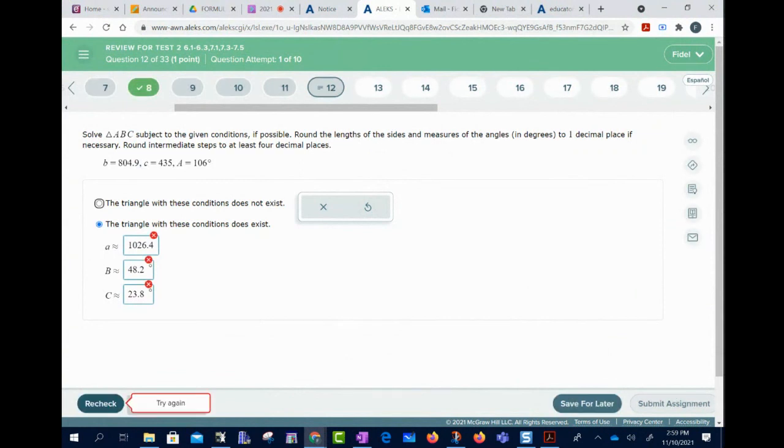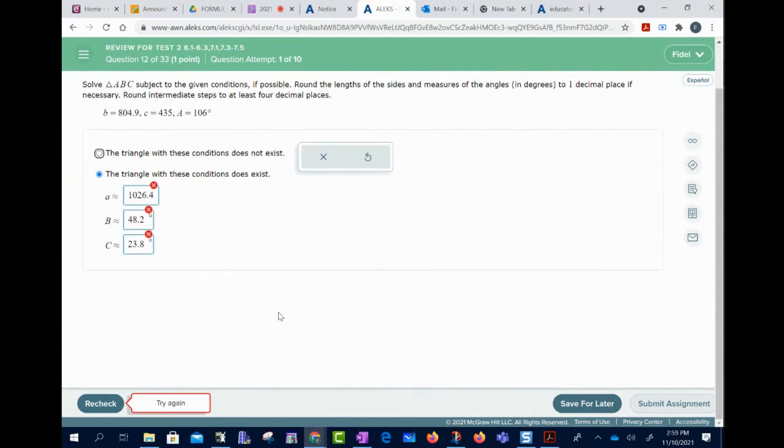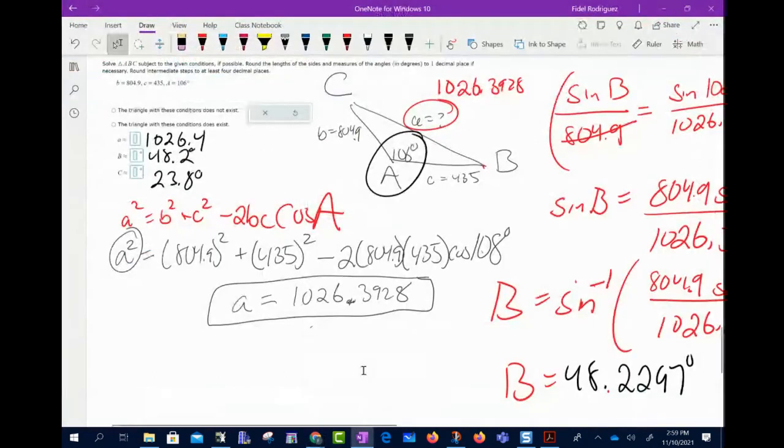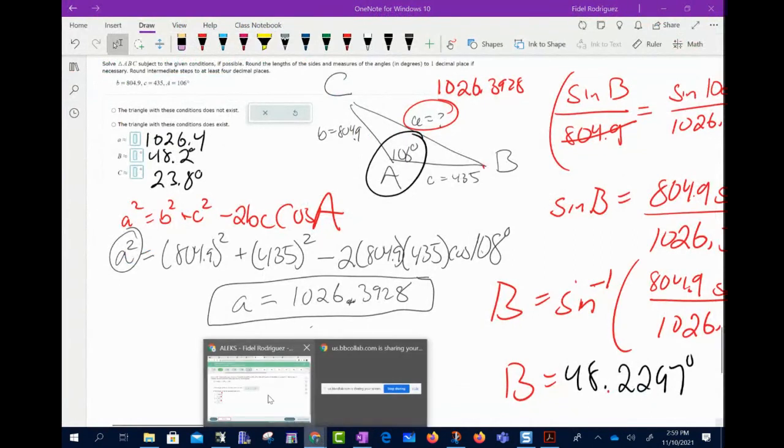Oh, no. Why not? What did we do wrong? Let's see. What did I do wrong here? Did I write my numbers right? Let me see. 804.9 is the one that I used, right?